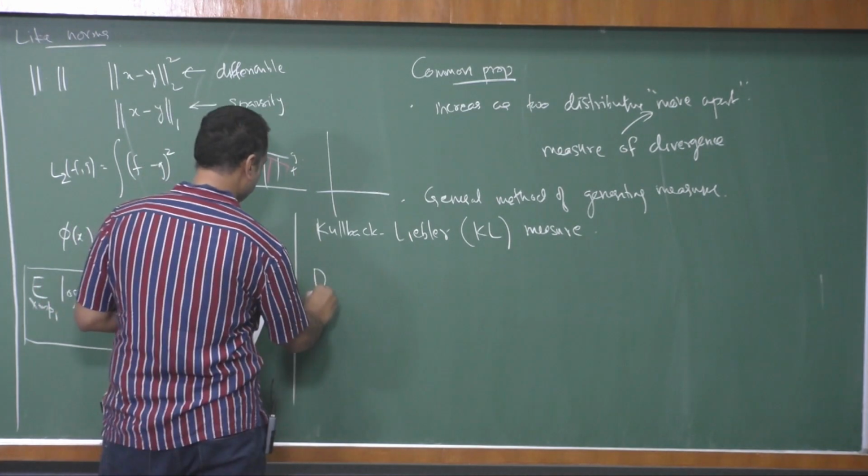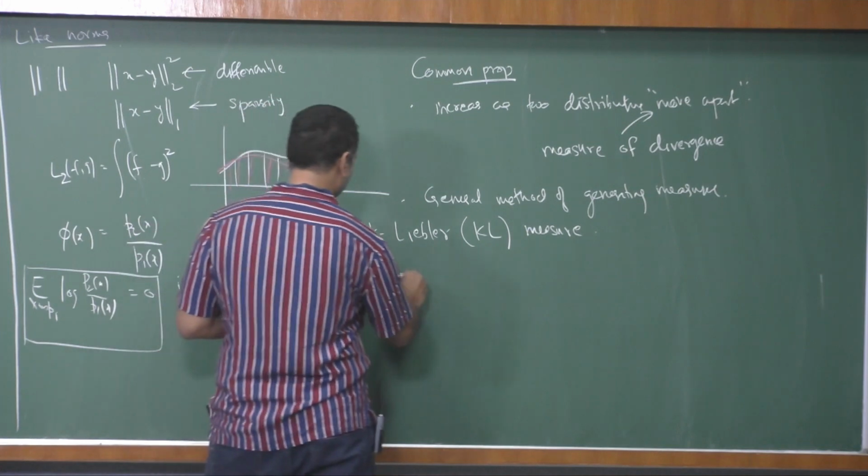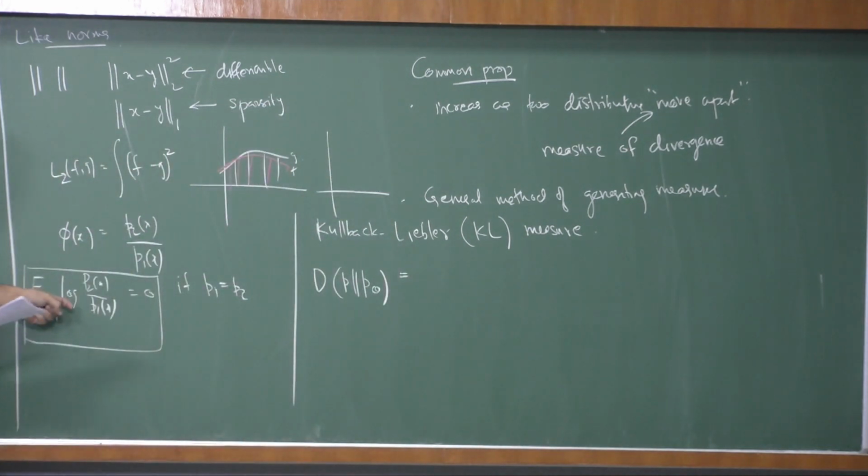So here we will specify what exactly it means. As I said, I am taking an expectation. So expectation of a function, and this is with P1. So in the sum you will have P1 times this calculated at those x in the sum. So we just invoke the idea from probability and statistics.